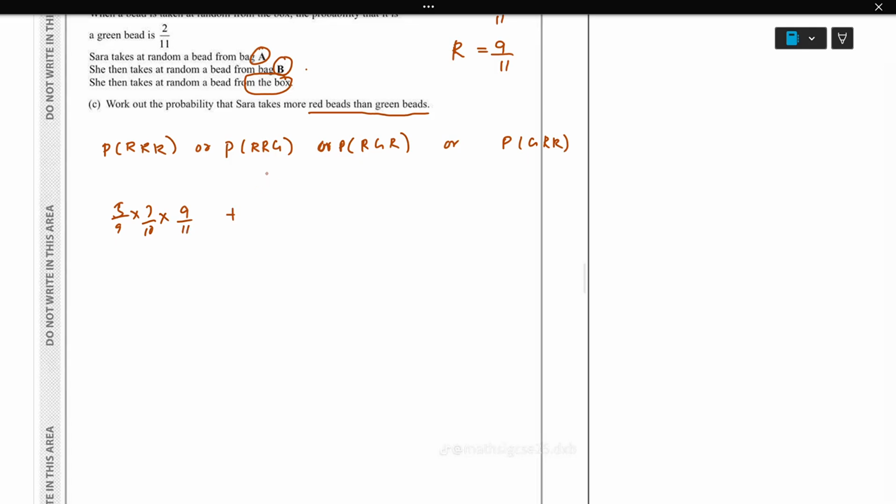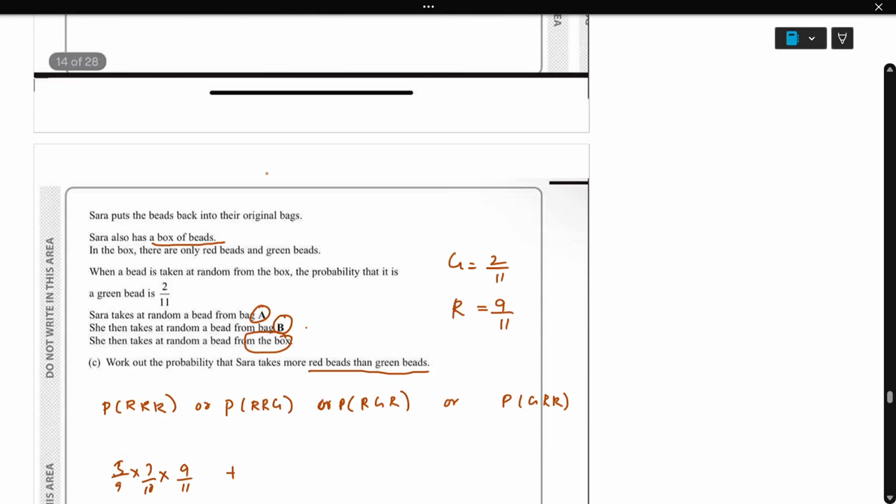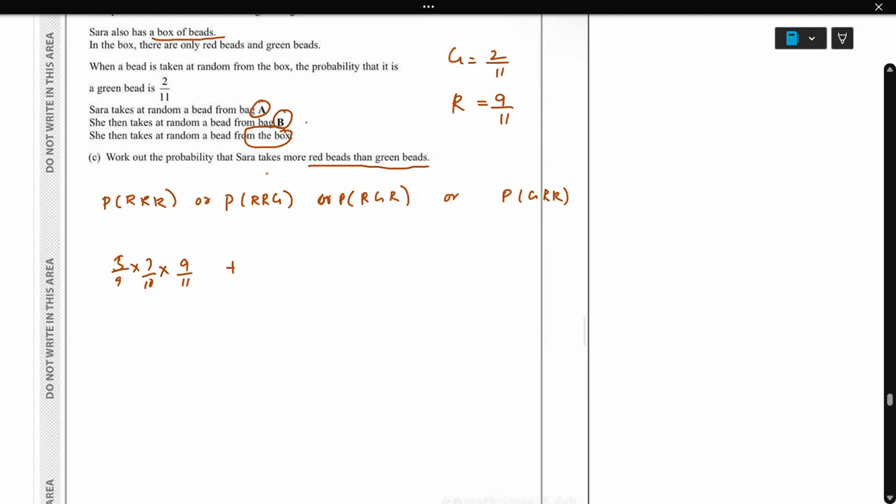Plus next one, red, red again, 5 by 9 times 7 by 10 times the green from the box, which is 2 by 11.